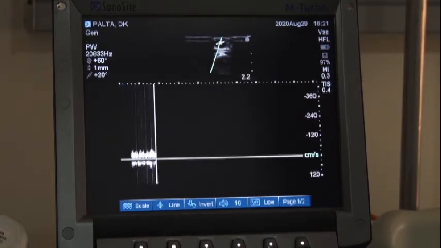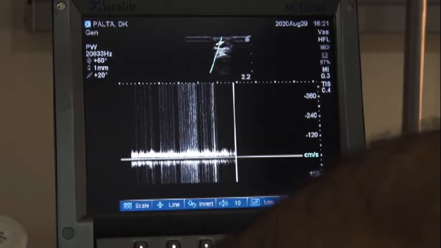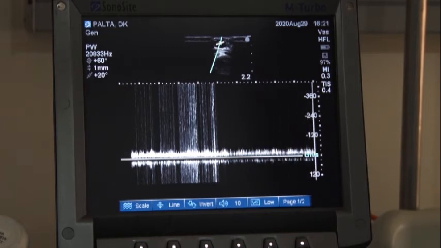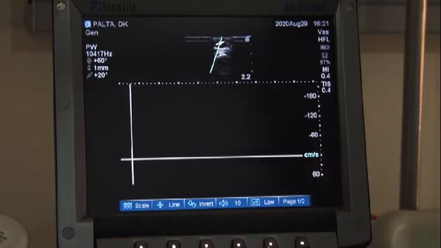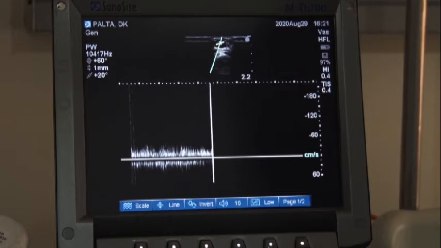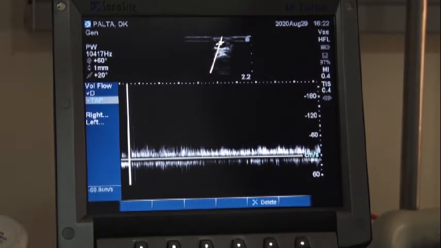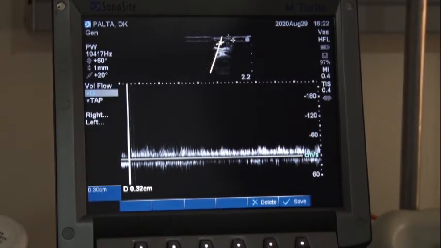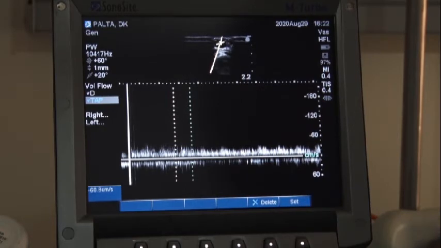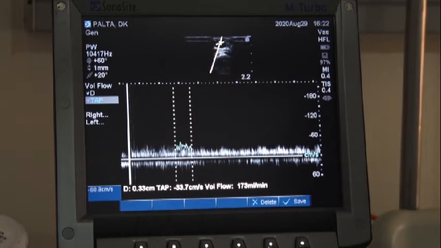Check the Doppler. So the flow here is around 173 ml per minute.